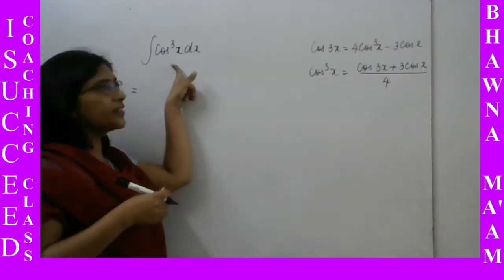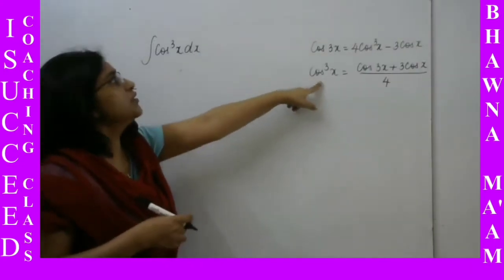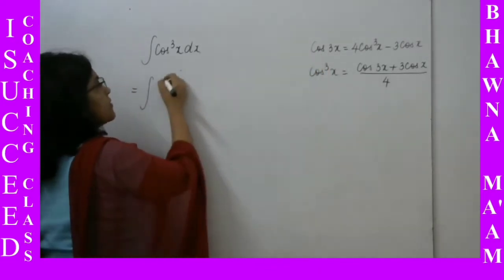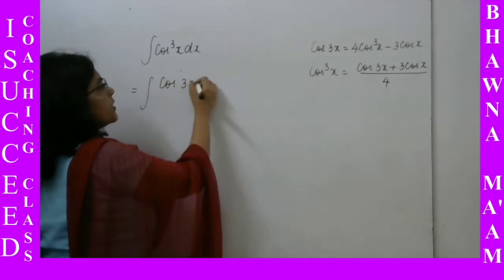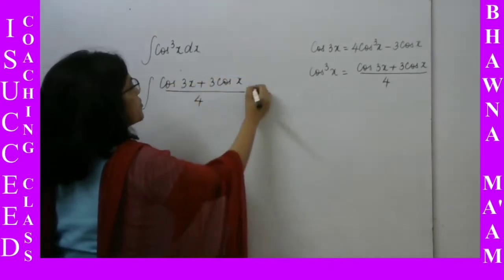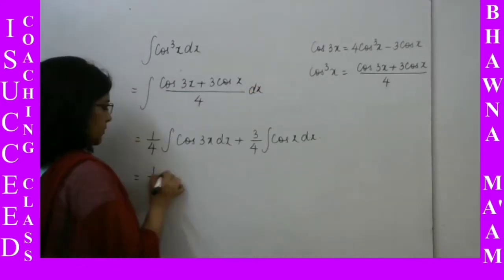In order to integrate cos cube x, we will apply the formula, again obtained from cos 3x. So cos cube x is cos 3x plus 3 cos x, divided by 4. We will write this individually.